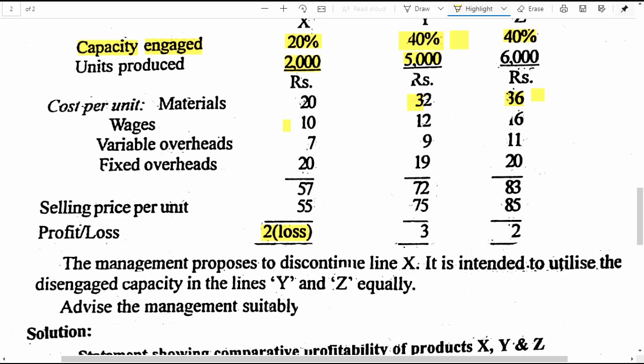So after discontinuing product X, the company wants to utilize its capacity for manufacturing Y and Z equally. This is a decision they have proposed to take. Now you as a management accountant are advised to give suitable advices to the management.